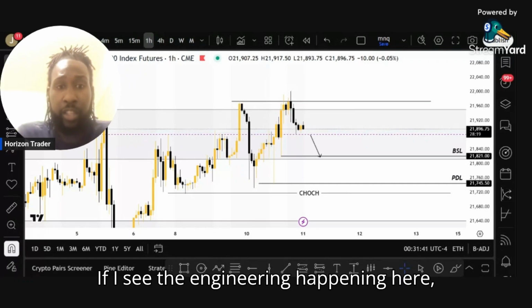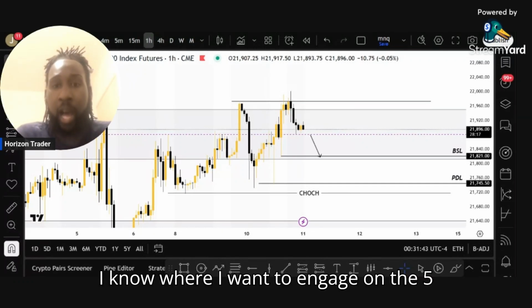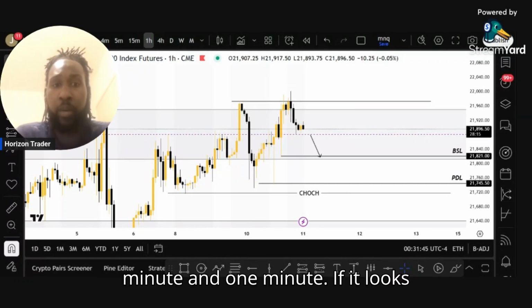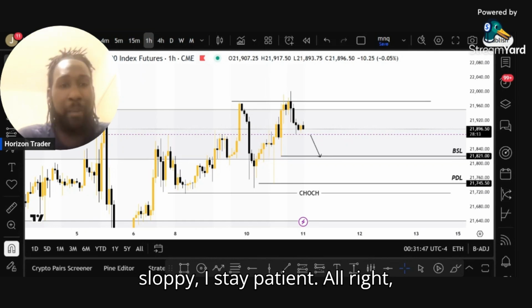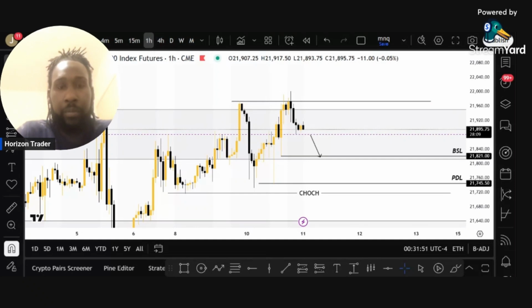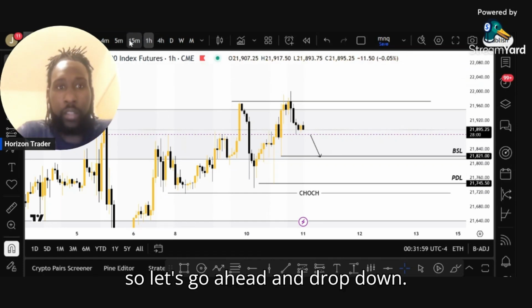If I see the engineering happening here, I know where I want to engage on the 5-minute and 1 minute. If it looks sloppy, I stay patient. All right. So let's go ahead and drop down.